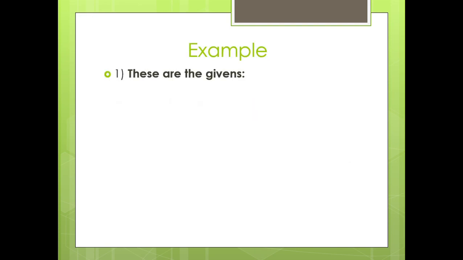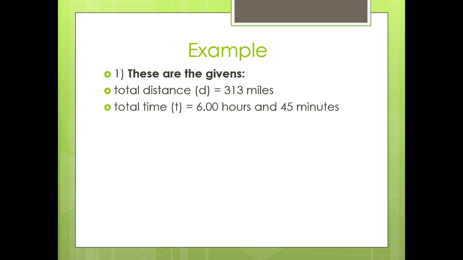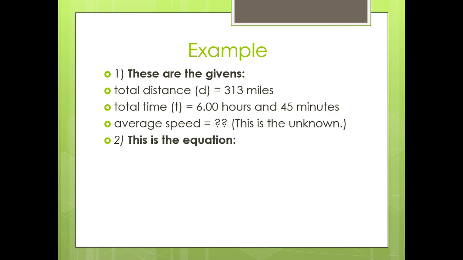So number one, these are the givens in the problem. We have our total distance, 313 miles. We have our total time, which is 6.00 hours and 45 minutes. We have our average speed, and this is unknown because that is exactly what we are looking for.